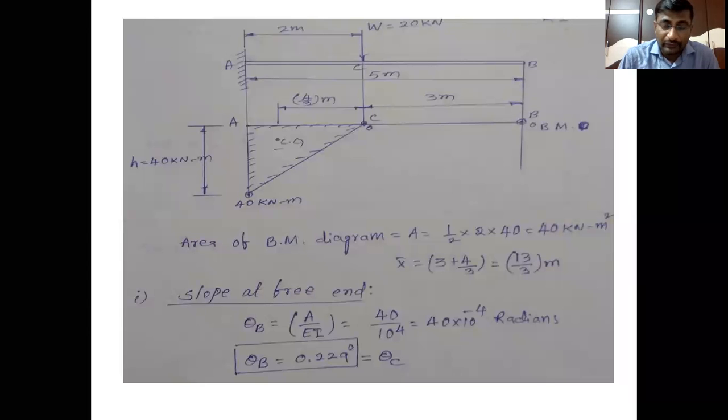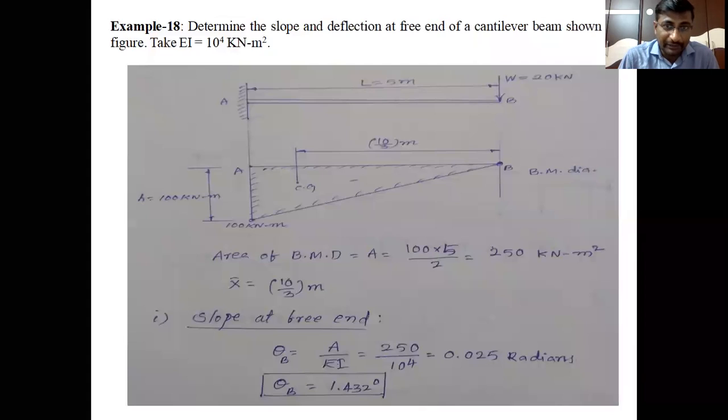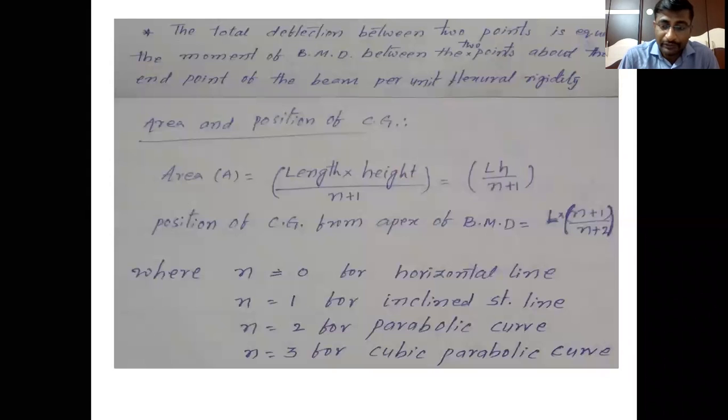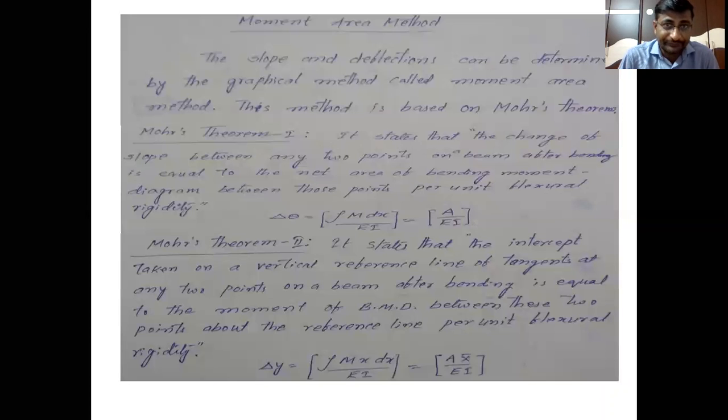Again, solve these problems by looking at this video and practice using the moment area method. Before solving the problems, you have to understand the area, how to find it, and how to locate the center of gravity using formulas.